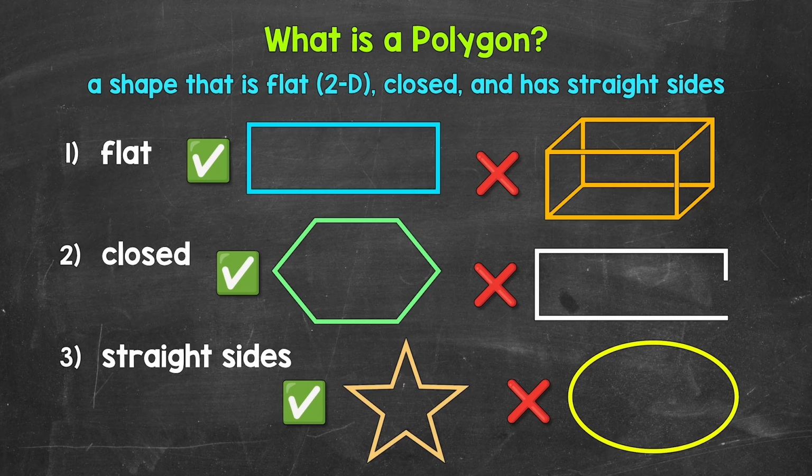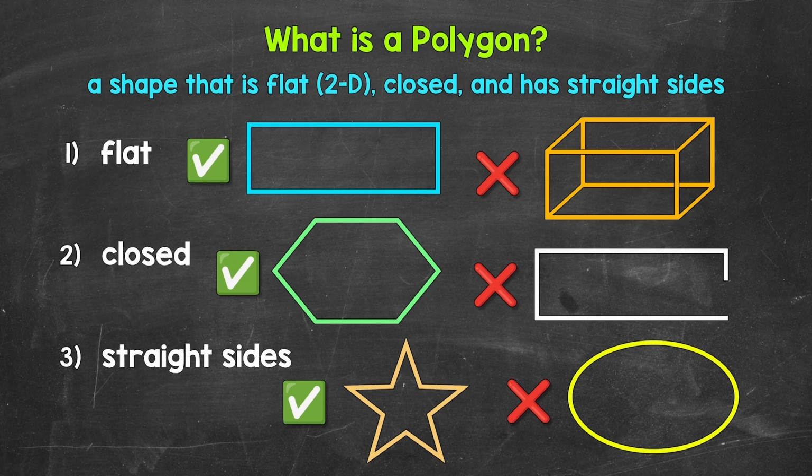Now looking at all three shapes on the left with green check marks, are they all flat? Yes. Are they all closed? Yes. And are they all made of straight sides? Yes. So all three are polygons. Now the shapes on the right with red X's are not polygons. They don't follow all three rules.